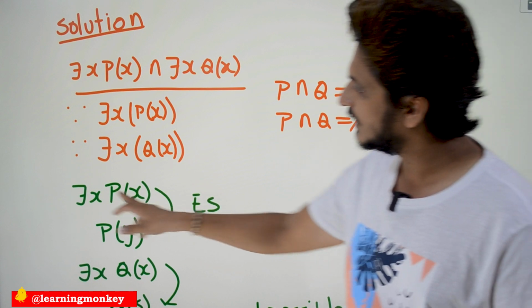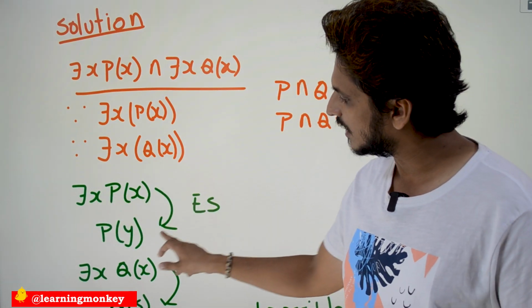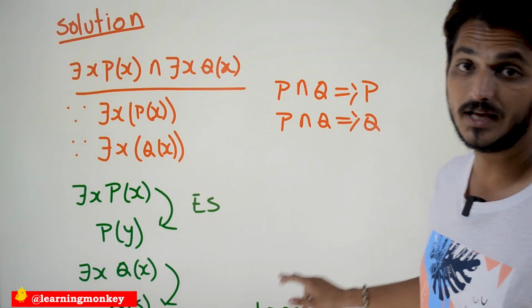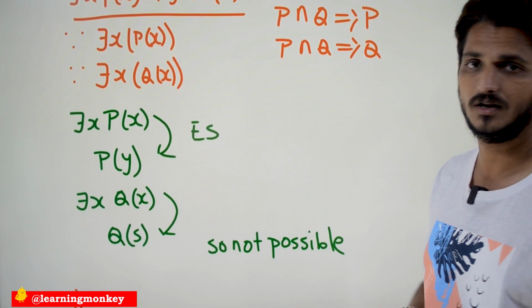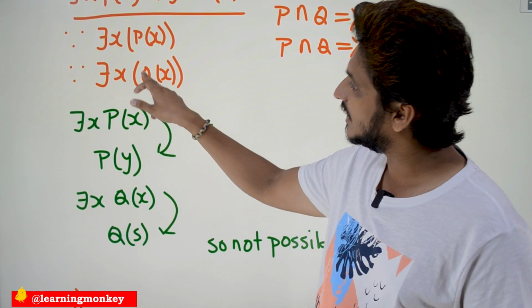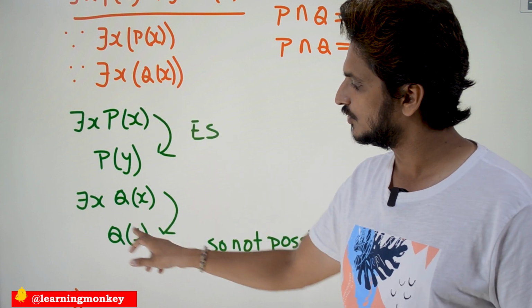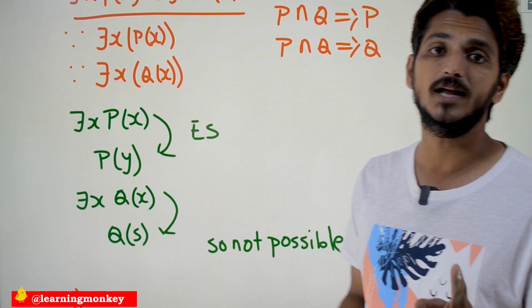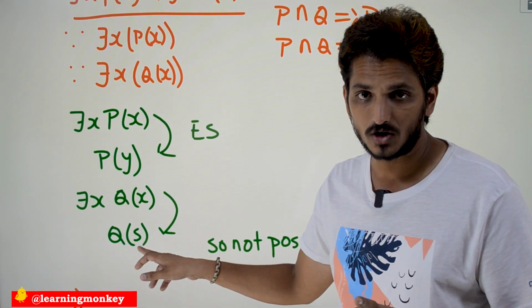Now there exists x p of x can be converted to p of y using existential specification. Similarly, there exists x q of x can be converted into q of y. But this is not valid. Why?